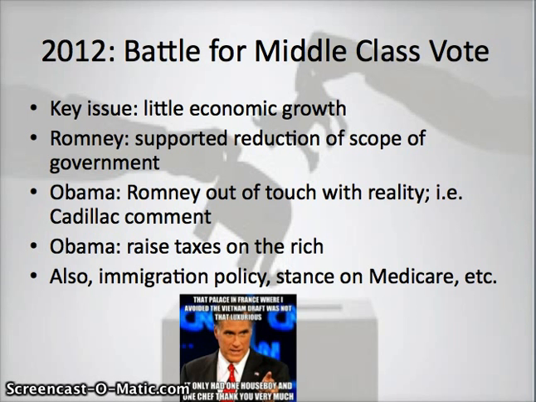He wanted to leave the healthcare issue up to the states. So the people that were attracted to Mitt Romney were people that felt like the federal government was doing too much and spending too much.